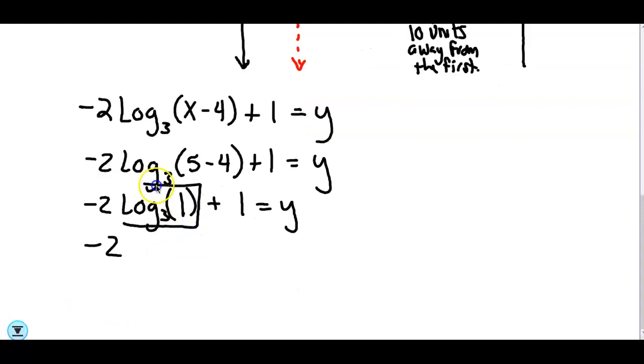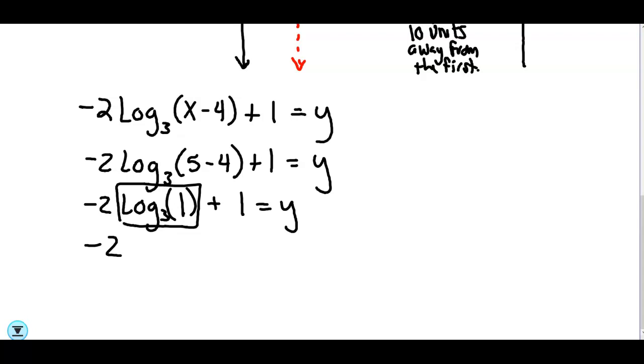Does anybody remember what this is? Log base 3 of 1. I don't want to tell you what it is right now because I want to show you a different way of doing it. But some of you might remember the answer. This one you could do in your head, but we're going to do it a little bit differently.